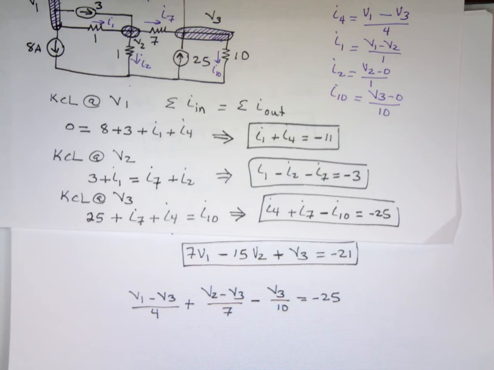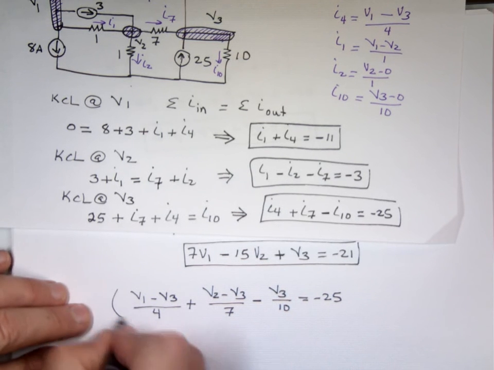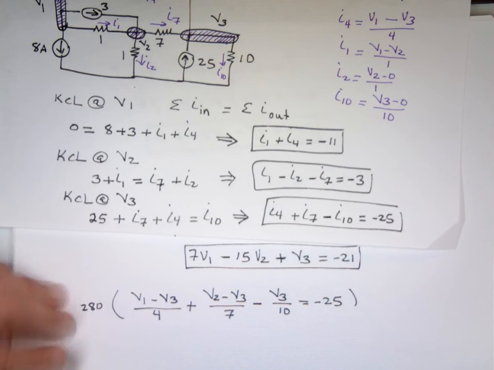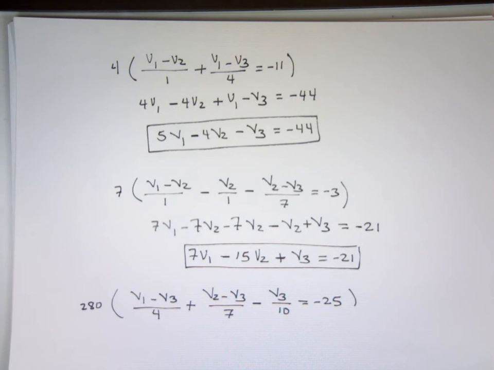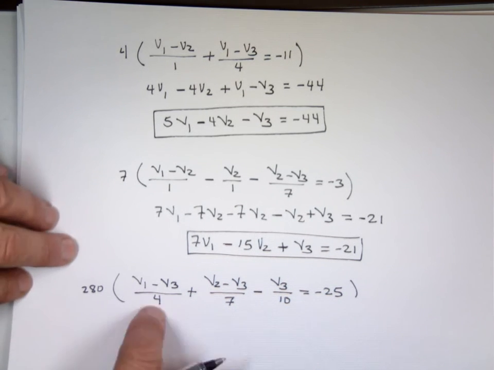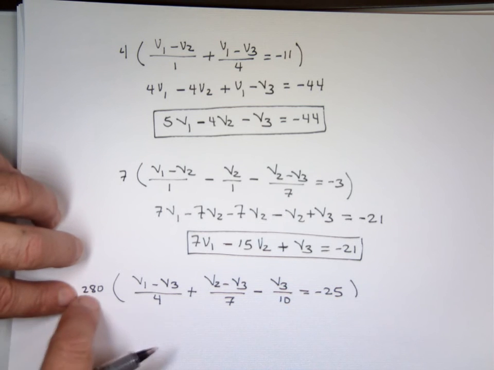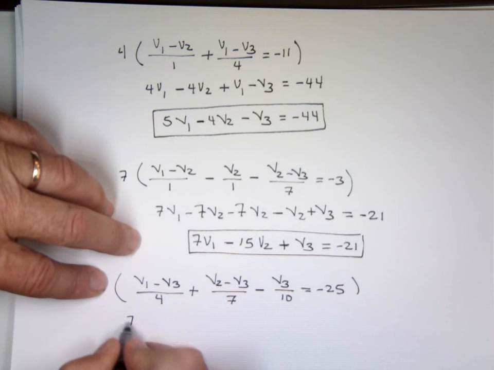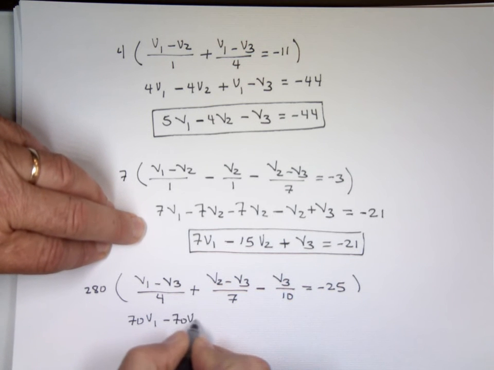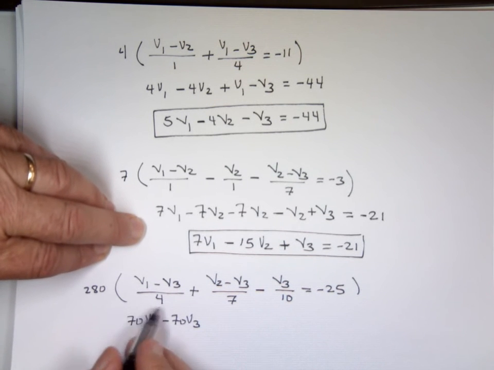My LCD is what? 280? I could use calculators and divide them, but let's try to do some math here. 280 by 4 is 70. 70V1 minus 70V3. 280 divided by 7 is 40.